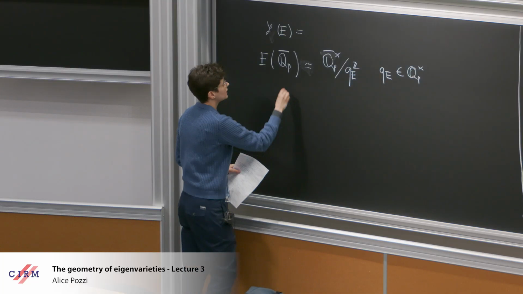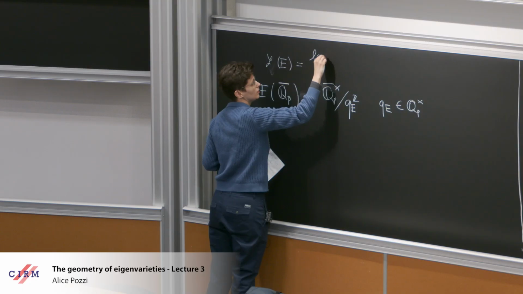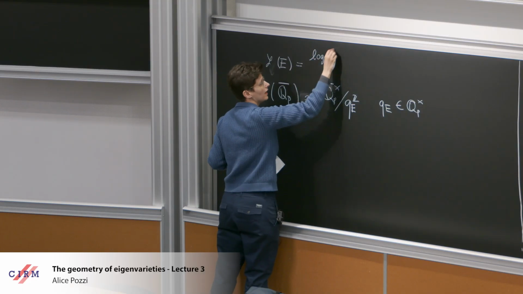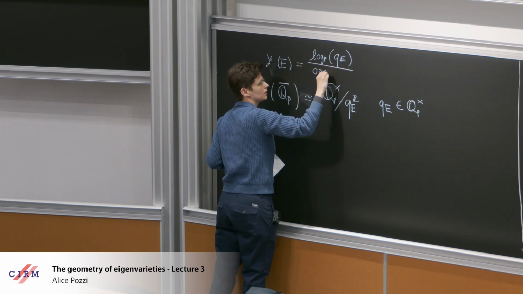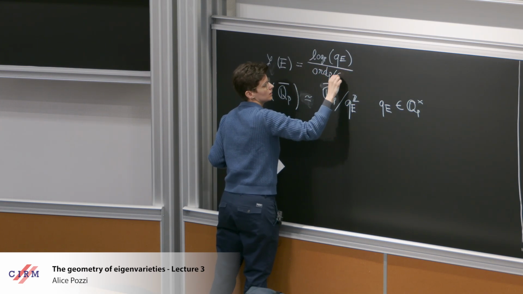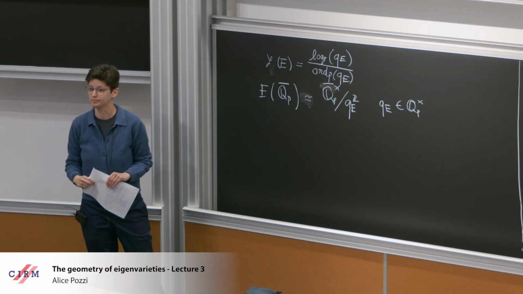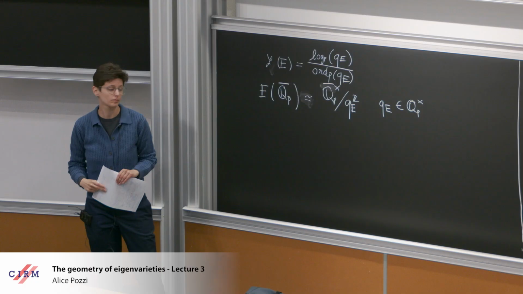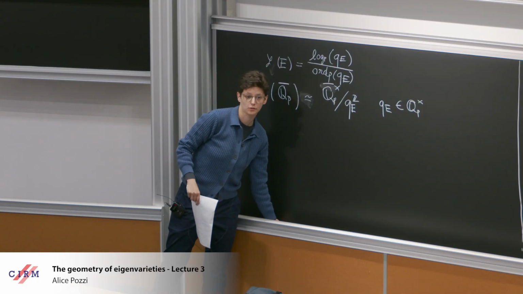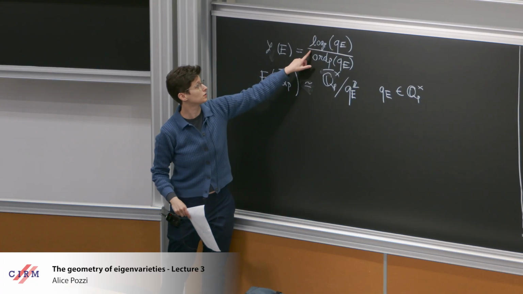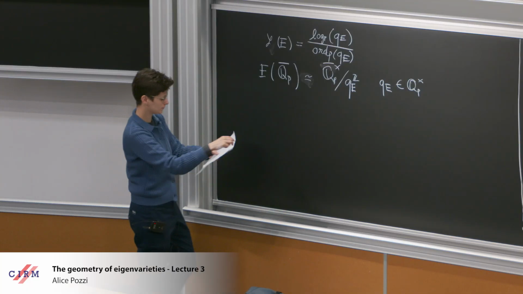And the L invariant is by definition the p-adic log of this guy divided by the p-adic valuation. Okay? In fact, you could have taken any element of this group to define this. That would have been fine. You don't even need to take a generator.